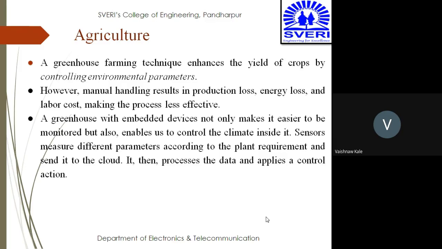There the data will be processed and then the control action applied accordingly. Through the cloud, it will be monitored on a real-time basis, and accordingly the control action can be applied. So the greenhouse farming technique is very much important.